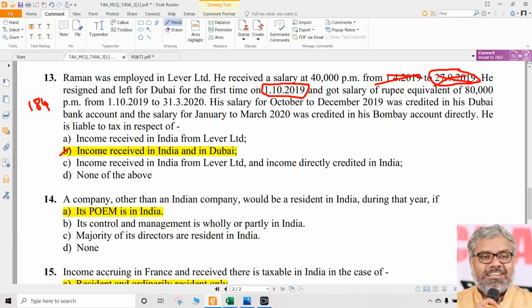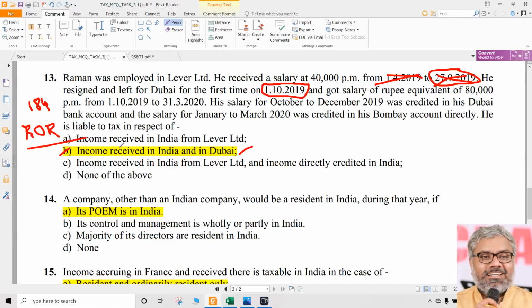So definitely what income will be taxable? The entire global income will be taxable. So the answer will be income received in India also and in Dubai also, both are taxable for that person since he is ROR. The main point is we need to identify his residential status. So this guy is ROR. Once he is ROR, every income is taxable. Automatically, all the incomes received by an ROR become taxable.